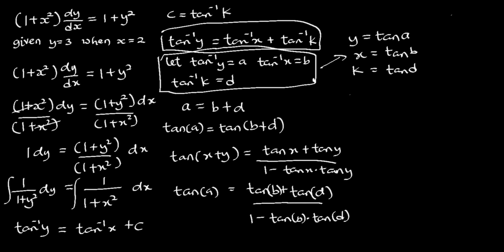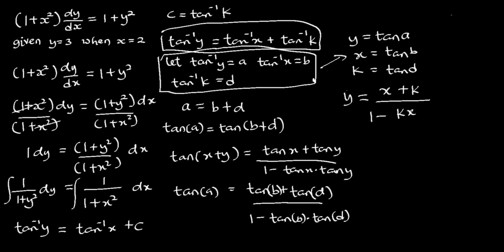So we have tan a on the left hand side, and tan a is equal to y, so we have y equals tan b, which is x, plus tan d, which is k, so x plus k, divided by 1 minus tan b, which is x, multiplying tan d, which is k, so minus kx.